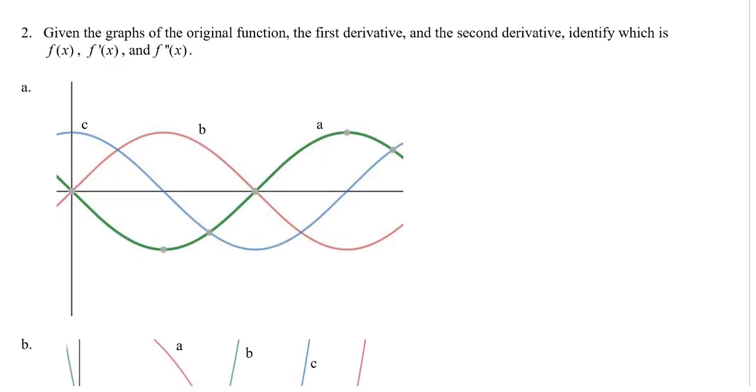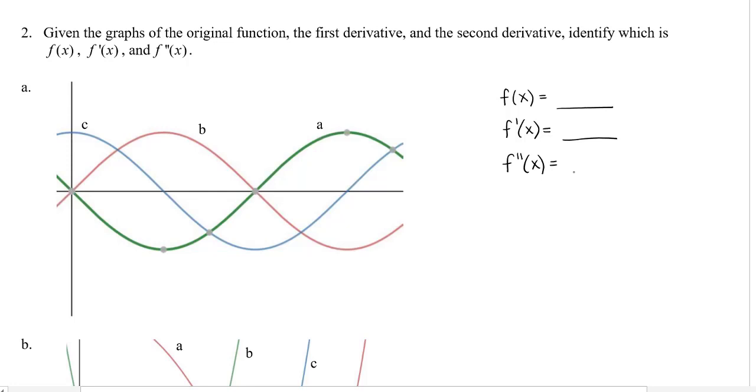So I'm going to also actually write over here on the side f of x equals which graph, f prime of x equals which graph, and f double prime of x equals which graph. Now, what we also are going to ask you to do is to explain why you are choosing what you're choosing. So please write down some of the terminology as we say it and what makes sense to you and how you can relay that back.